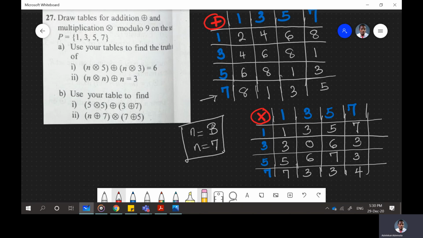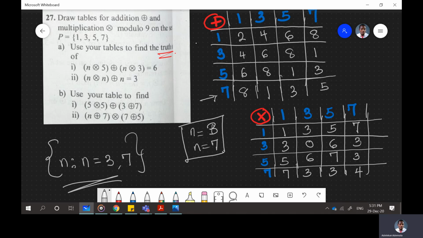Because it says find the truth set. This is the way you write it. I will explain to you later why you write it this way, but for now, just take it from me. You will say this set n such that n equals 3 and 7. This is how you write your answer when you have to find the truth set.